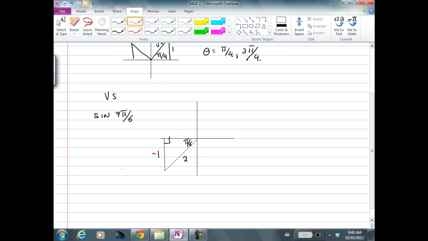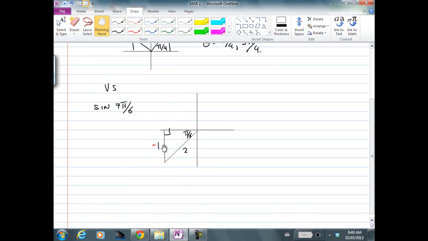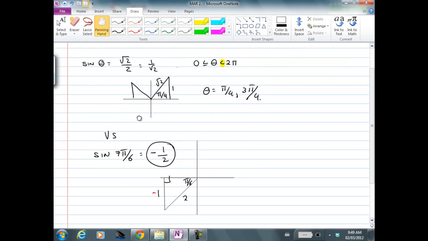You lost 10%. That's 1 letter grade. Some of you said, Mr. No, I don't really need to label. I'll just remind myself that I know my answer is negative. But is it the opposite? So you got to be careful. So now this is going to be -1 over 2.